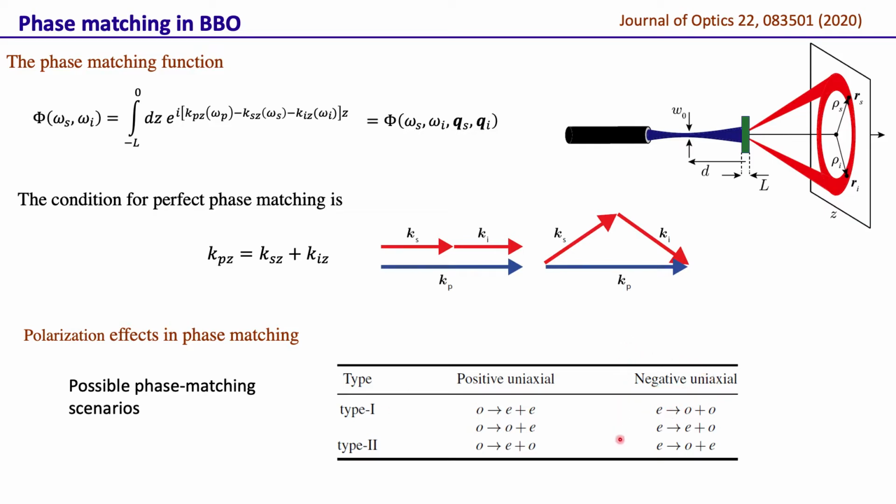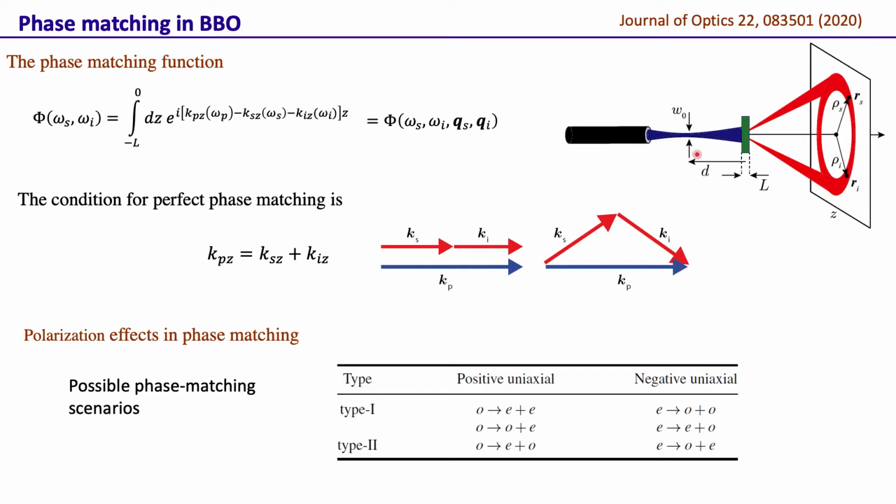If we look at the negative uniaxial crystal, there are several phase matching scenarios as far as polarization is concerned with which the phase matching can be satisfied. For example, if the pump photon is extraordinarily polarized and the signal and idler are both ordinarily polarized, then it's called type 1 phase matching.